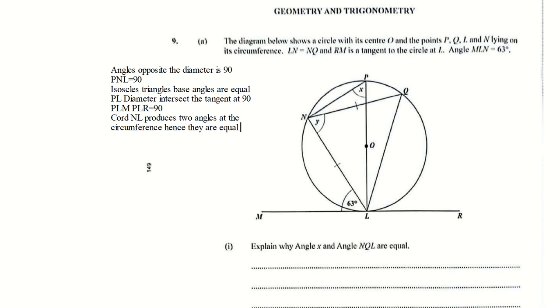And when I say they produce, if you look at this chord here, NL, it produces one angle here. It's the two sides of an angle, and this is also the next side. So I know that this angle here and this angle here would be equal. Do you understand?